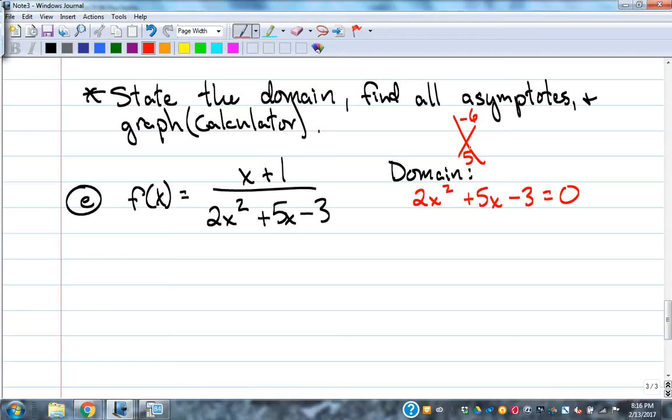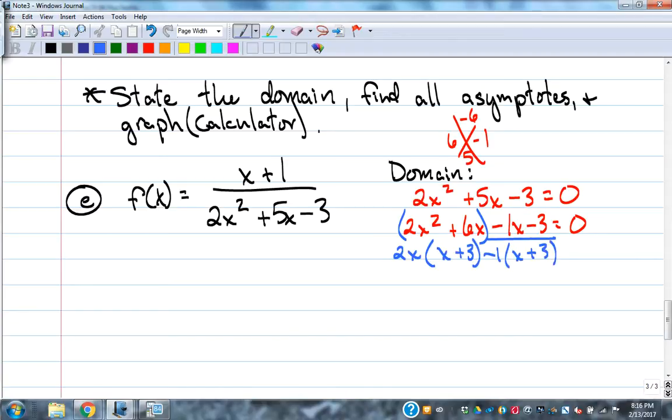-6 had to be 5. There you go. So 2x squared plus 6x minus 1x minus 3. Now group that. That's 2x, x plus 3. That one's got a -1 in common, so that's x plus 3 again.